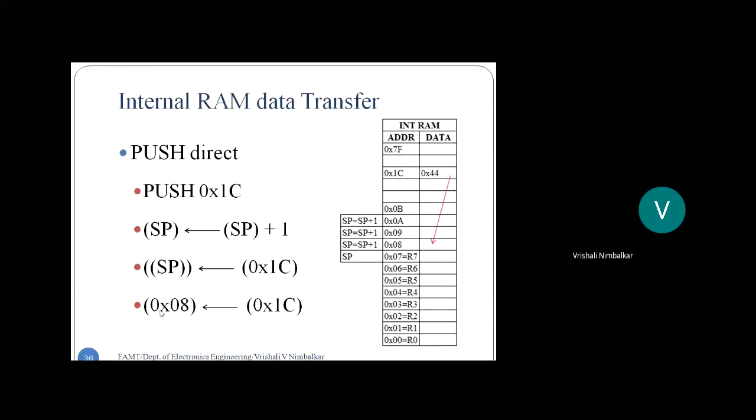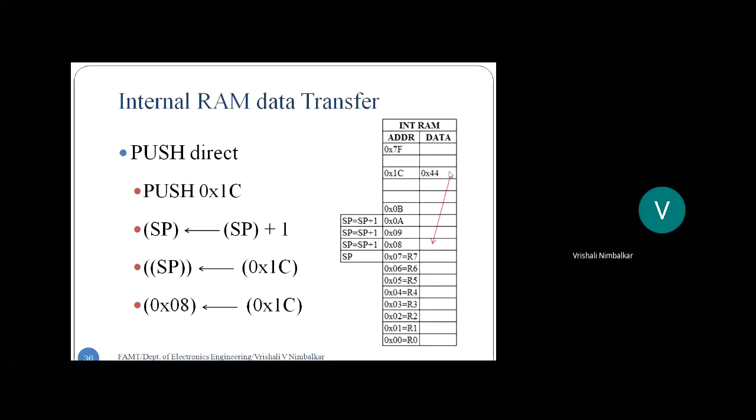Look at the last instruction. What is the stack pointer having? Address 8 hex. Correct? And the data from 1C hex is picked up and stored on stack. Somewhere here I have shown 1C hex. That's also a RAM memory address.